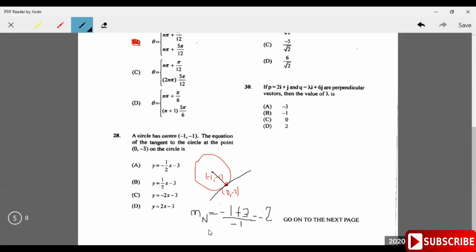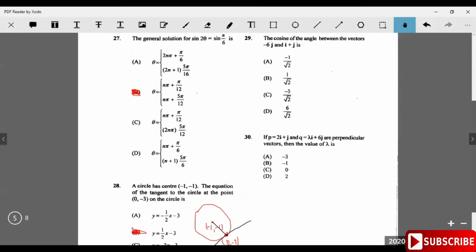So if the gradient of the normal is -2, then the gradient of the tangent is equal to 1/2, because they're negative reciprocals of each other. And so if the gradient of the tangent is equal to 1/2, the only option right there is B, because you can see they put -1/2, 1/2, -2, and 2. So that's B. Easy.